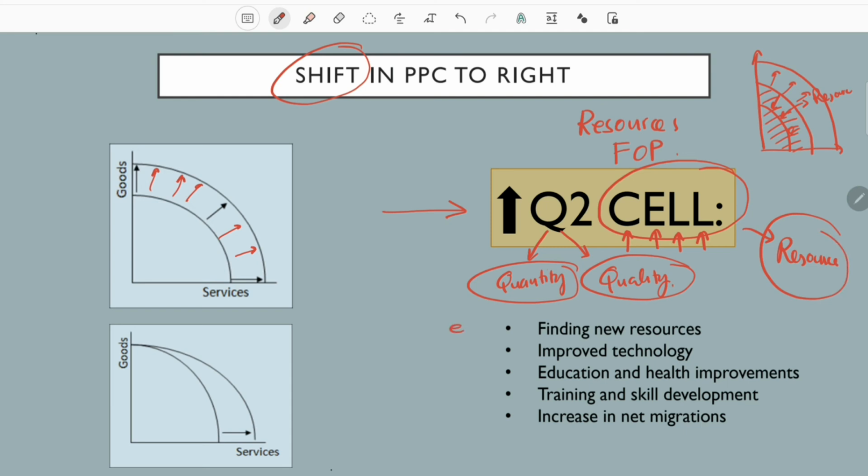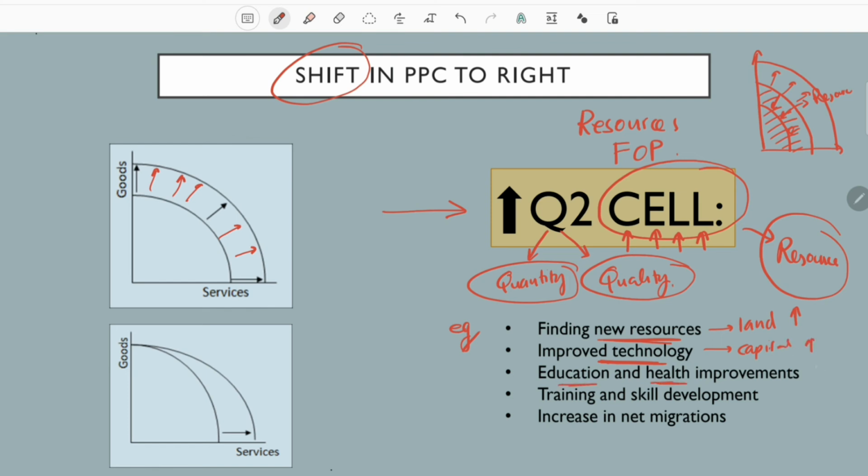So these are a few examples of situations where quantity or quality wise the 4 factors of production would increase. When you are trying to find new resources, the land as a quantity will increase. Due to improved technology, capital of the business will increase.